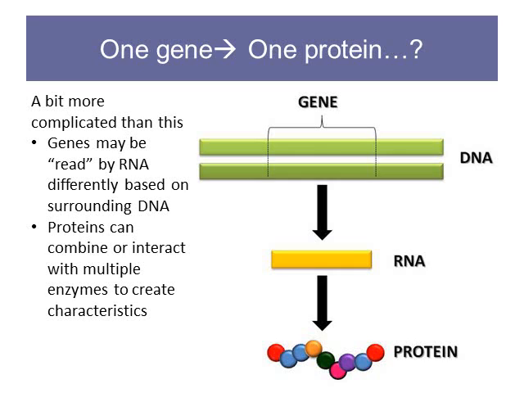But it's a little bit more complicated. This concept of one gene creates one protein. So one gene creates one type of trait. But it's a bit more complicated than that. Genes may be read by RNA differently, and proteins can combine or interact. But the overall concept is that, in general, one gene will create one protein.